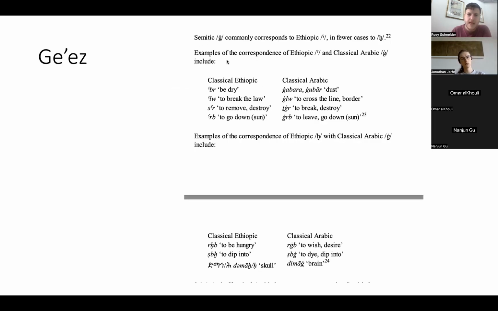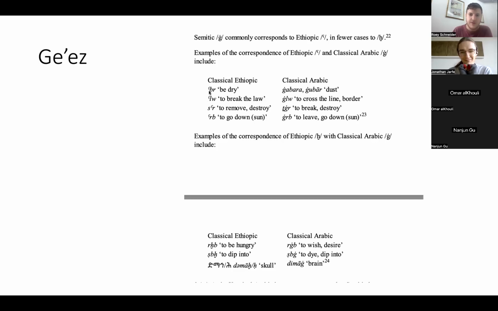Okay. Just a little bit more about historical phonology. So Semitic Ghain is usually Ain in Ethio-Semitic or in Ge'ez, but rarely also Chet. And we have some examples here.